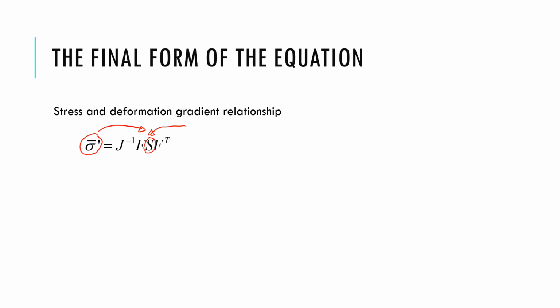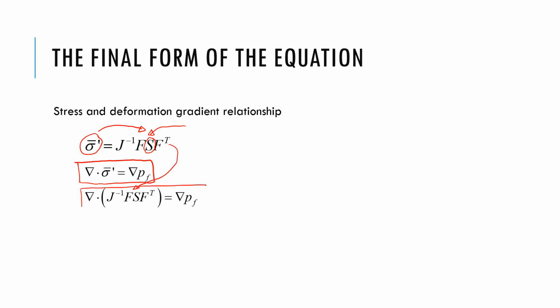So if we plug this equation into our equation for equilibrium that we had in the previous slide, del dot the effective stress is equal to del PF, we just simply plug that in here, and so this becomes my final equation. Now this is not exactly how we're going to use it.